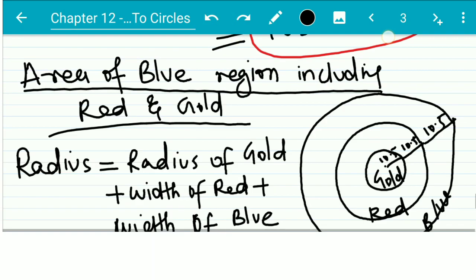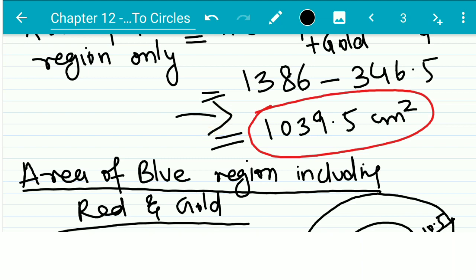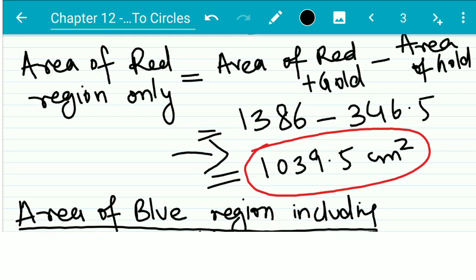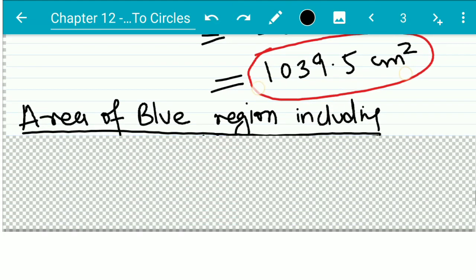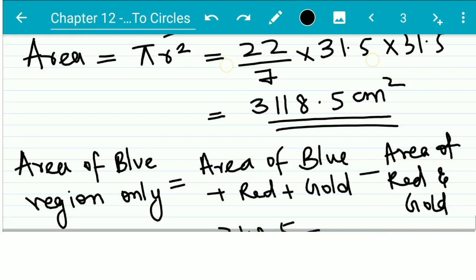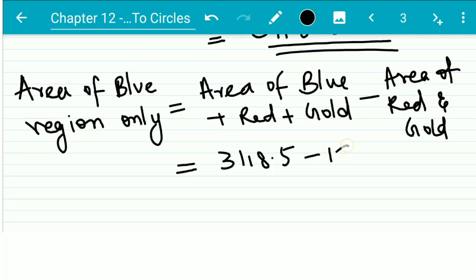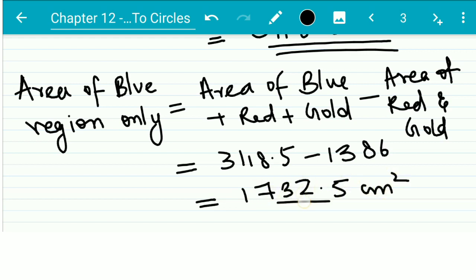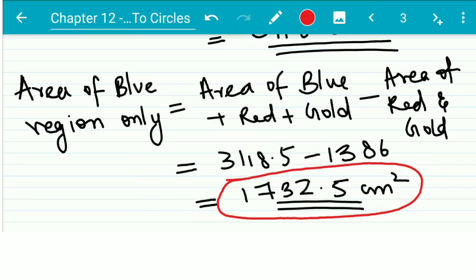So subtract that. Don't take this value 1039. This is area of red region only. We need area of red including gold, that is 1386. So 3118.5 minus 1386 is 1732.5 centimeter square. This is the main answer for area of the blue region only.